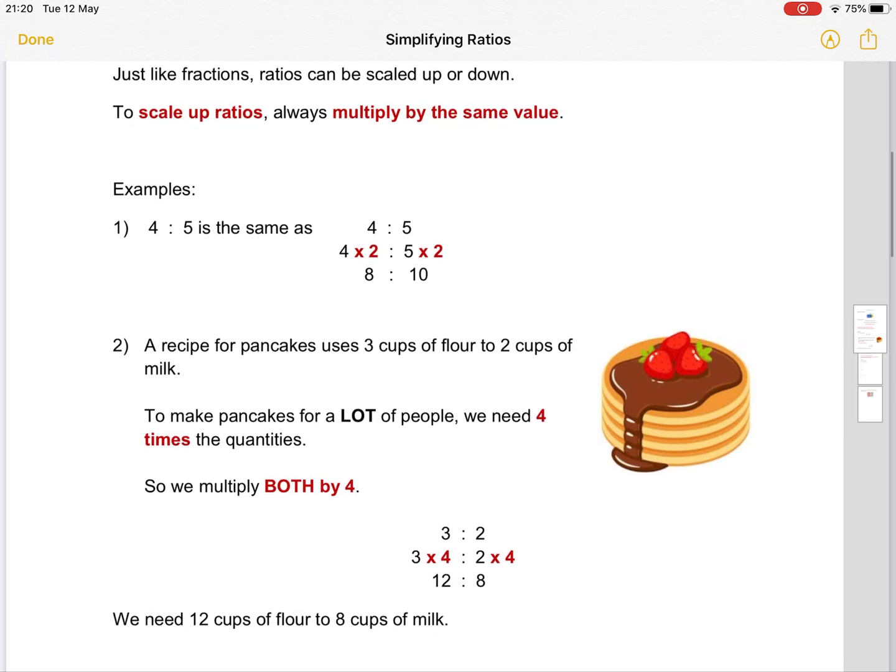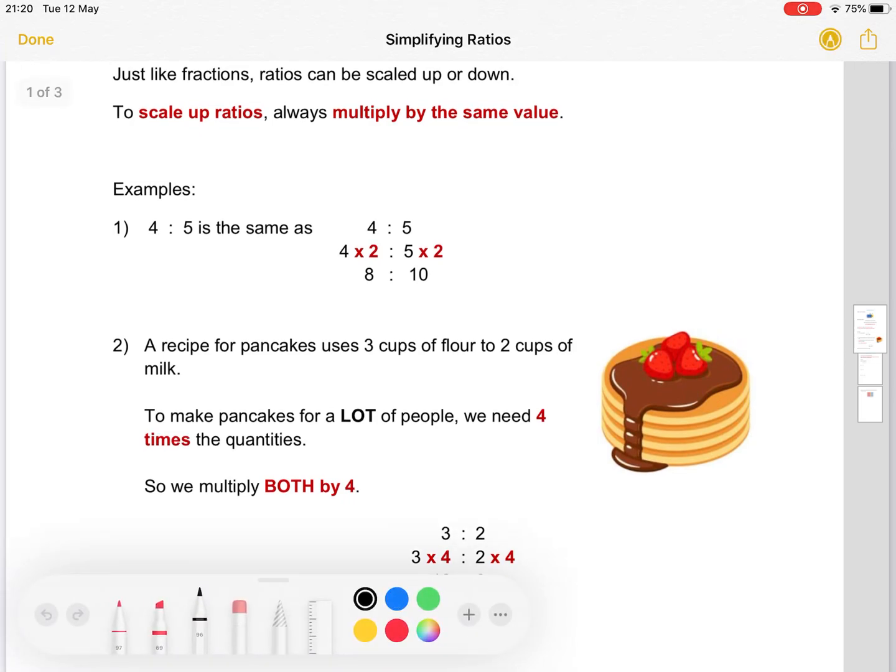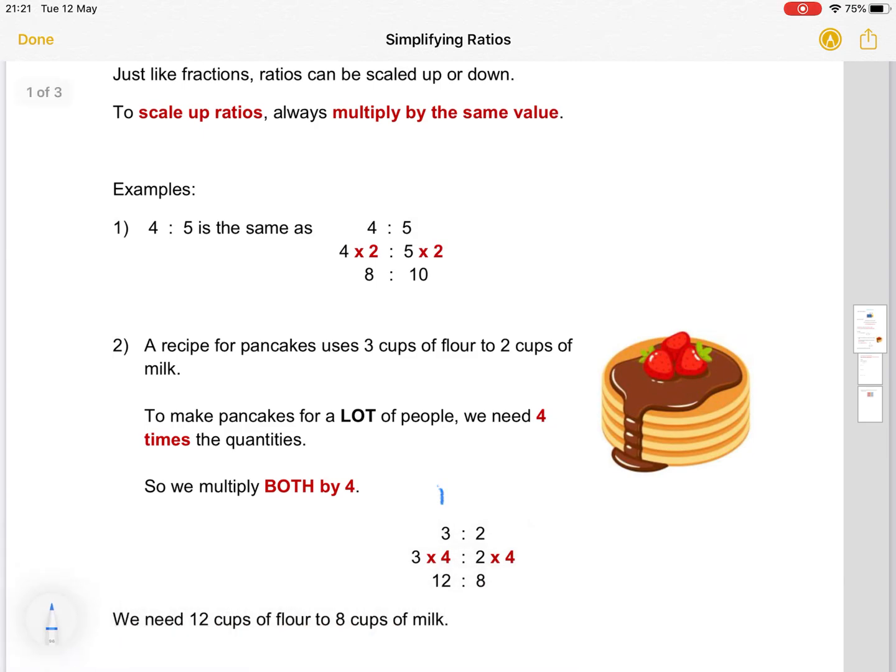So let's say we want to write down the ratio. The ratio as it is in the recipe is 3 cups of flour to 2 cups of milk. So flour is to milk is 3:2. Remember, the order is very important. If flour is mentioned before milk, we put the number of cups of flour before that of the milk.